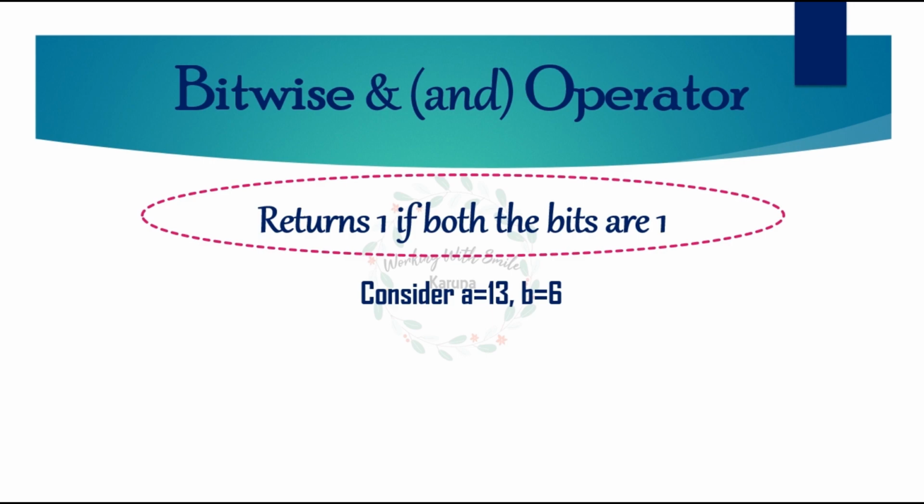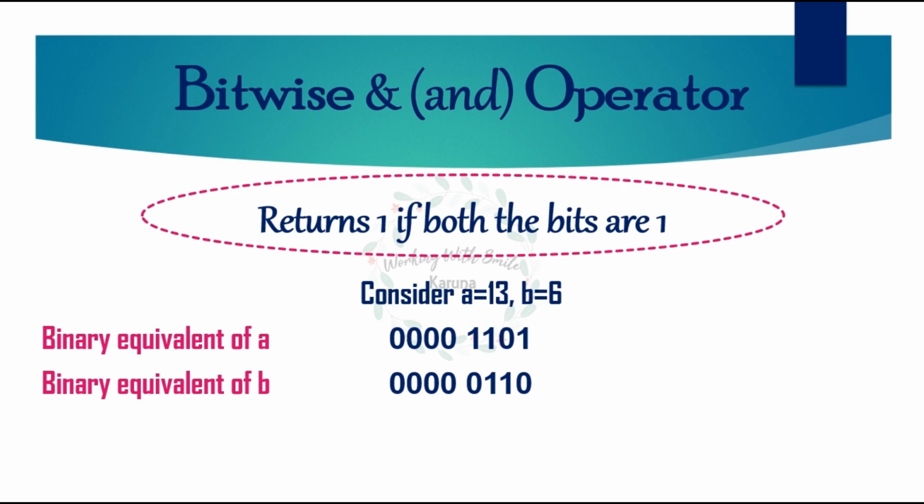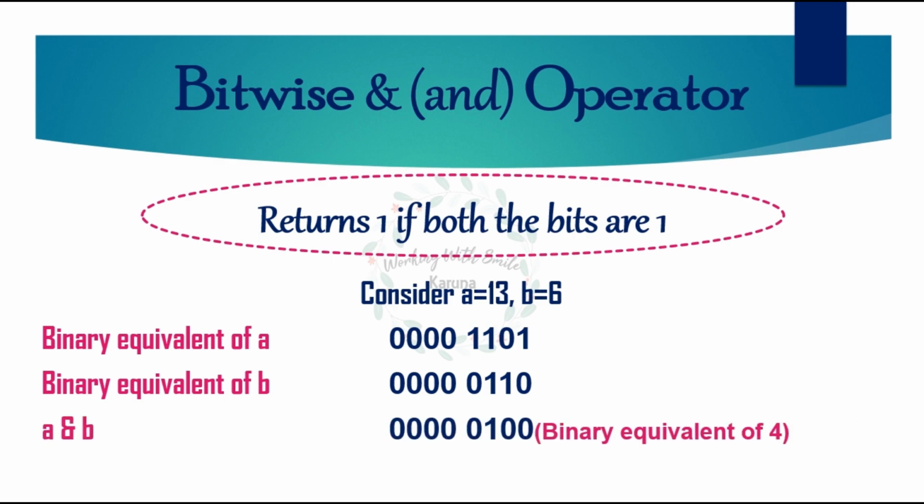I have a variable A with value 13 and B with value 6. The binary equivalent of A is the number that you can see on the screen. This is the binary equivalent of B. If I perform an operation A and B, then it will result into the binary equivalent of 4. Now to understand this calculation, let's start comparing the bits of A and B from right hand side.